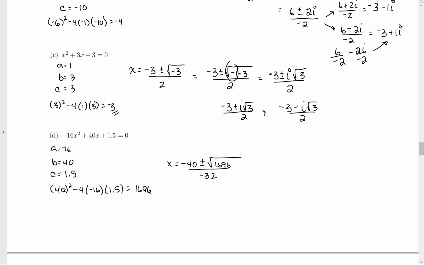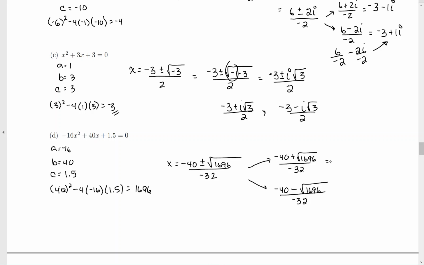Because this is a story problem, or was referring to a story problem back a while ago, we're going to go ahead and look at the decimal approximations to this. So we have negative 40 plus the square root of 1696 divided by negative 32. And then we're going to have negative 40 minus the square root of 1696 divided by negative 32.